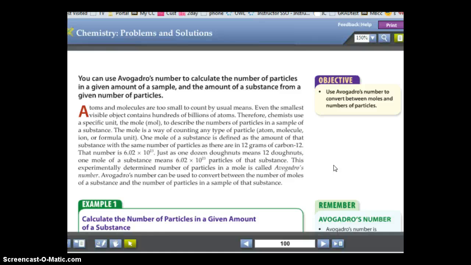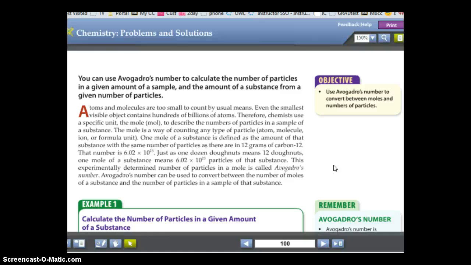Therefore, chemists use a specific unit, the mole, abbreviated mol, to describe the number of particles in a sample of a substance. The mole is a way of counting any type of particle: atom, molecule, ion, or formula unit. 1 mole of a substance is defined as the amount of that substance with the same number of particles as there are in 12 grams of carbon-12.